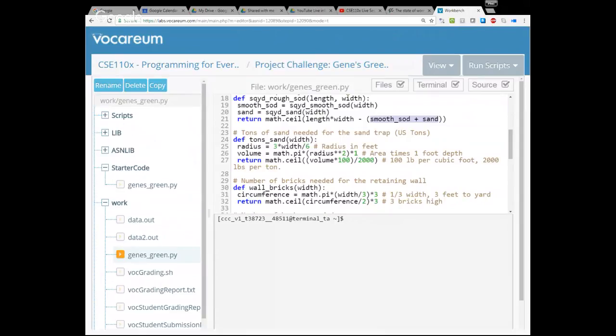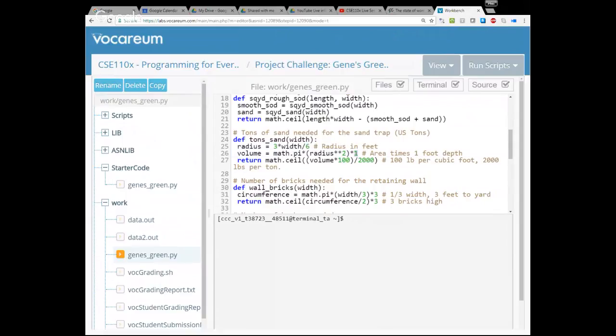radius here, which is 3 times the width over 6. The 3 is for yards. The divided by 6 is because the diameter of the sand trap is 1/3 of the width of the overall hole, and then the radius is half of that. So I divide by 6 here. Then I calculate the volume by taking that area and multiplying it by 1 foot of depth.